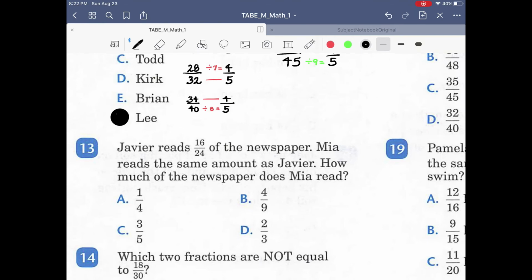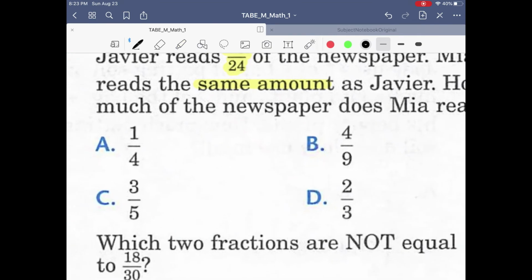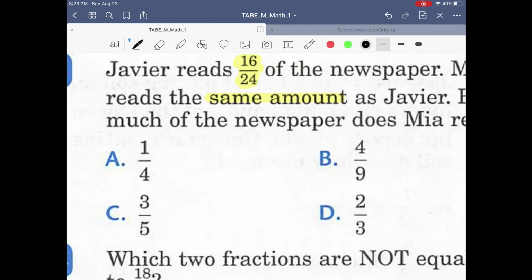Javier reads 16/24 of the newspaper. Mia reads the same amount as Javier. How much of the newspaper does Mia read? Same amount as Javier, just in different terms. So 16/24.